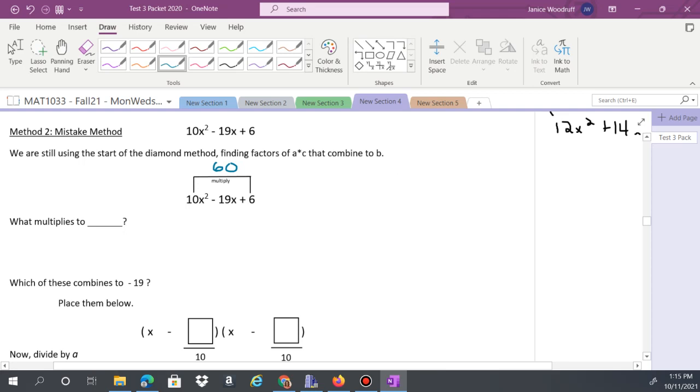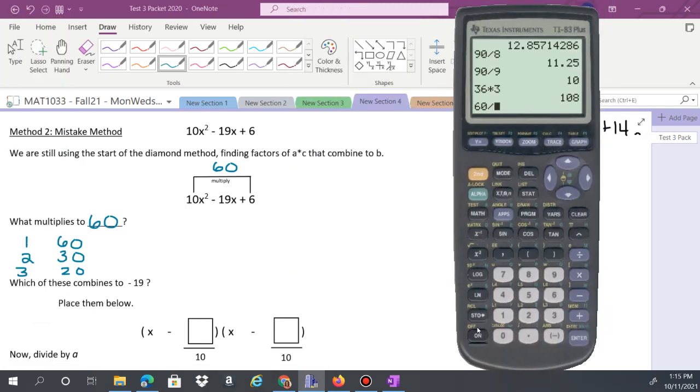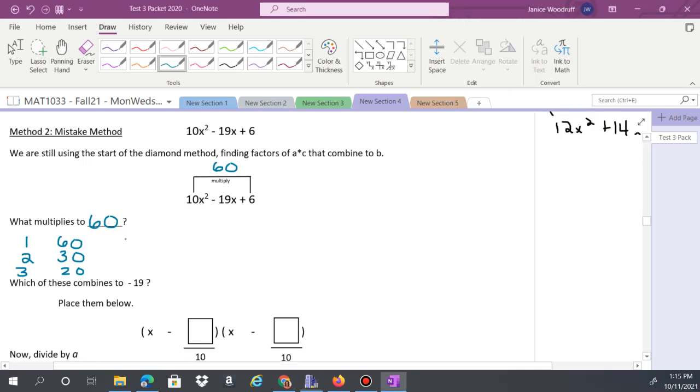And then what you're doing is you're looking for factors of 60 that multiply to negative 19. Or, sorry, factors of 60 that add to negative 19. So you're still using the start of the diamond method, looking for those two numbers. So let's see, we've got 1 and 60, 2 and 30, 3 and 20, 4 and 15, oh, that combines to 19, right?